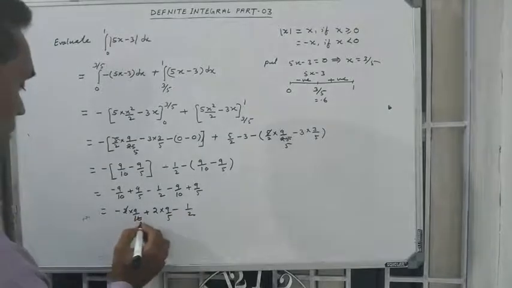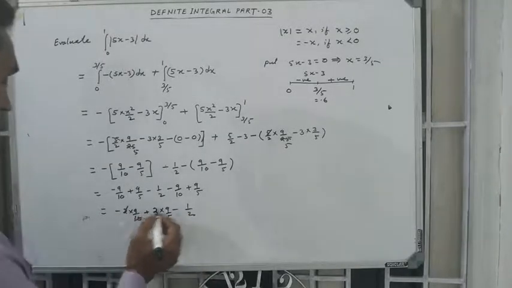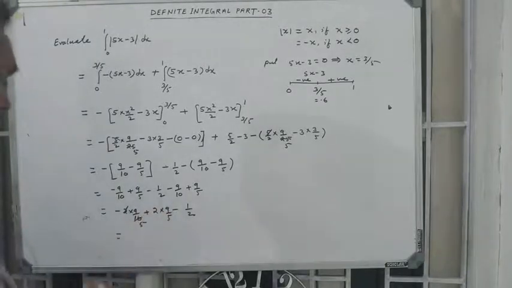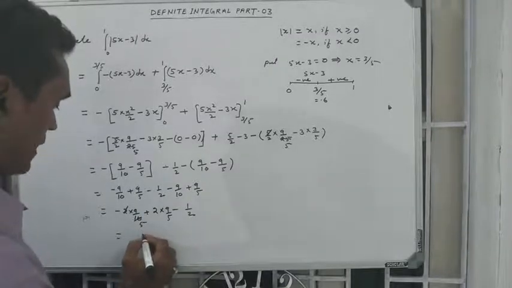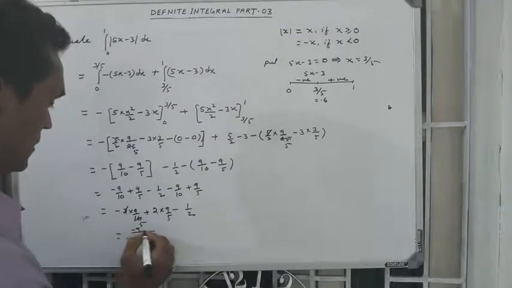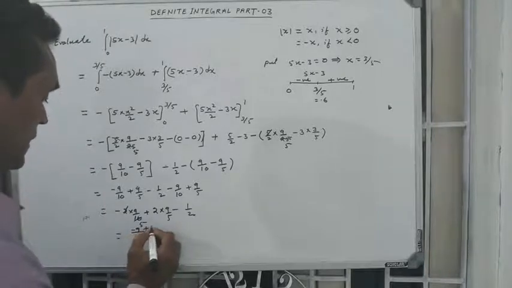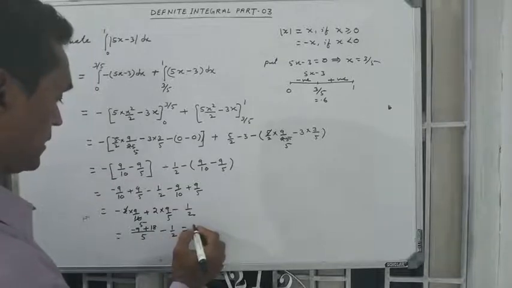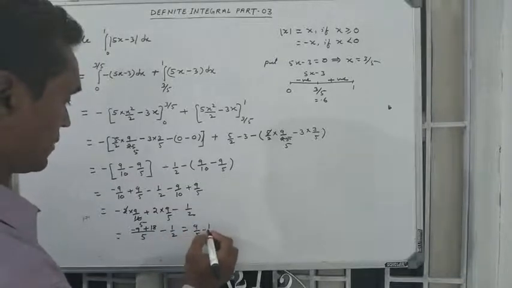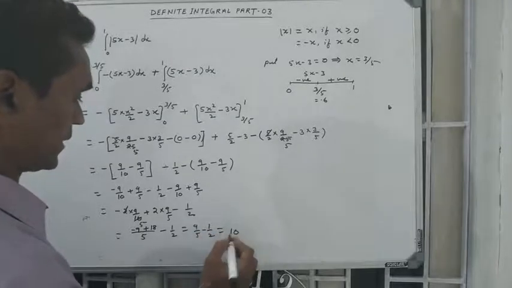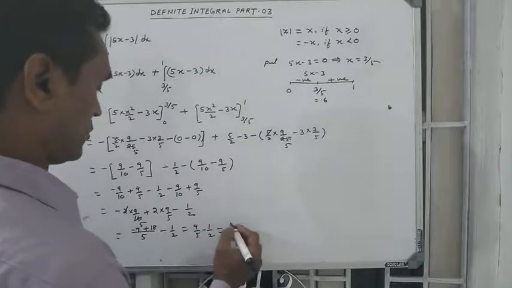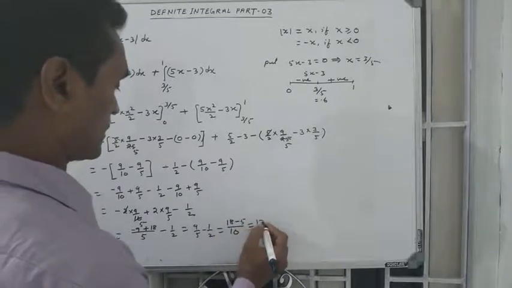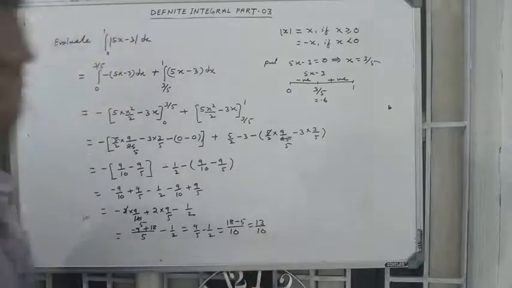So 9 by 5 and 18 by 5, LCM will be 5, then minus 9 plus 18 minus 1 by 2 equals 9 by 5 minus 1 by 2. Again take LCM, 10 is the LCM, then 18 minus 5, that is 13 by 10.